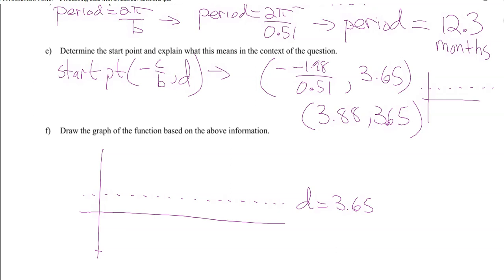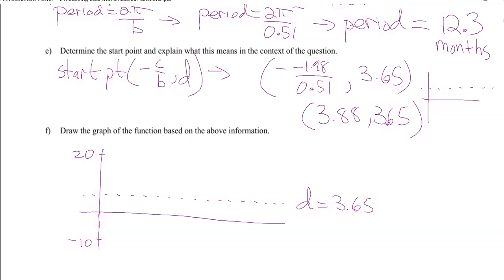We go as low as about negative 10, it was negative 9, and we'll go up as high as 20. So there's negative 10 and 20. The start point is 3.88.